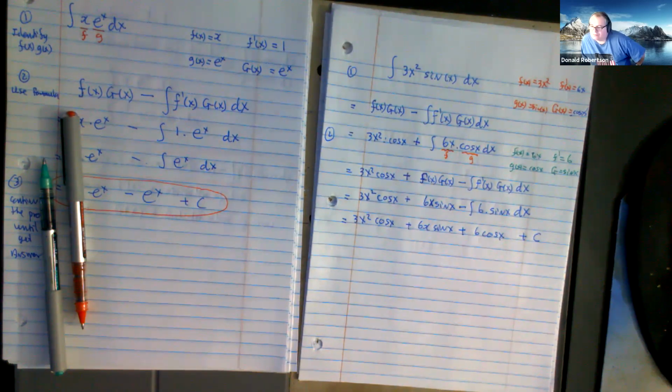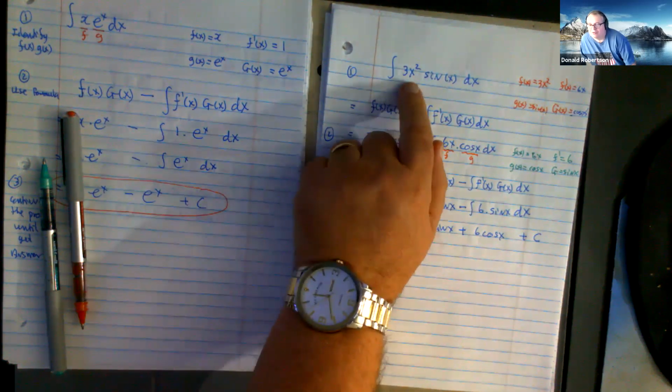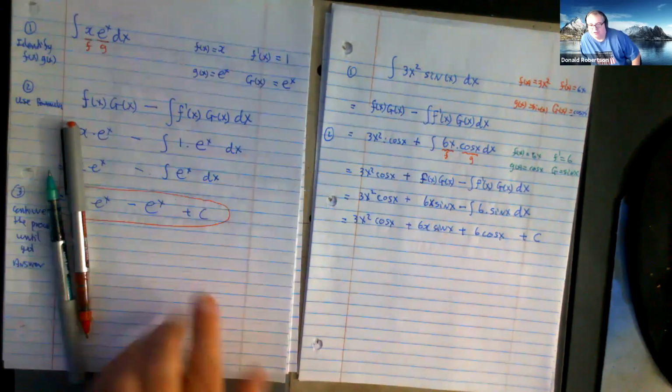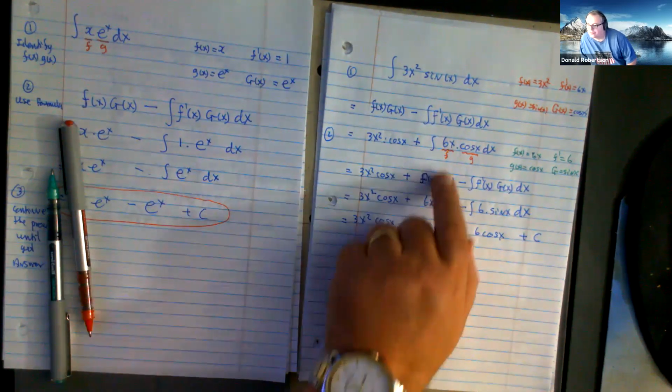Are we a little bit more comfortable with this process being repeated? That sometimes you have to do it. You can even predict how many times you're likely to do it. I'm not going to do it because it'd take me too long, but if that was 3x cubed, wouldn't I have to repeat it 3 times? If it was just 3x, wouldn't you just do it once? 3x squared, you kind of do the process twice.